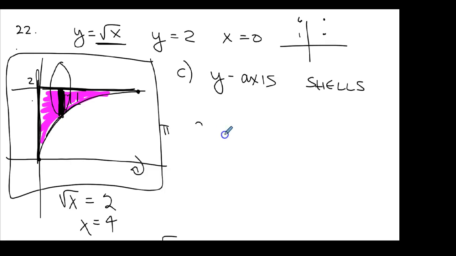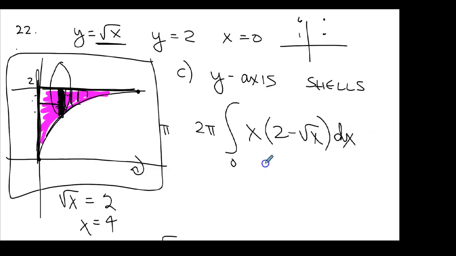So the shell method, you have 2 pi, and then you want the distance from a typical rectangle to the line you're revolving about. How far is it between those? Well, since I can draw the rectangle anywhere I want to, and I went over x to get to it, it's x minus 0. The height of my typical rectangle is top minus bottom. And I'm still going from 0 to 4.